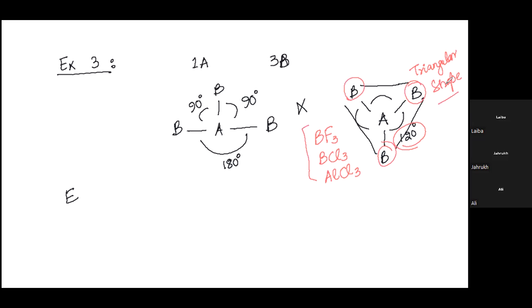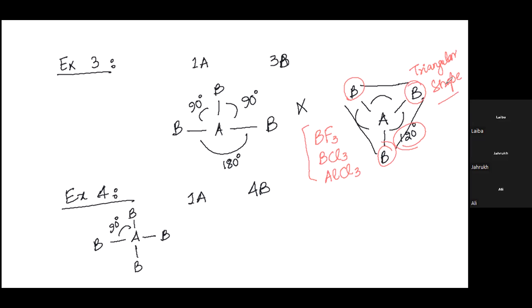And if I talk about example number 4, of course, I'm going to extend it a little bit more. We have 1 A and we have 4 Bs. If I have to stick with a two-dimensional structure, of course, I would always be coming up with this kind of structure, which we previously did back in IGCSE, with all of them at a 90-degree angle.